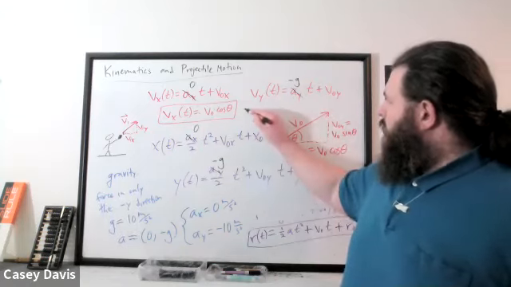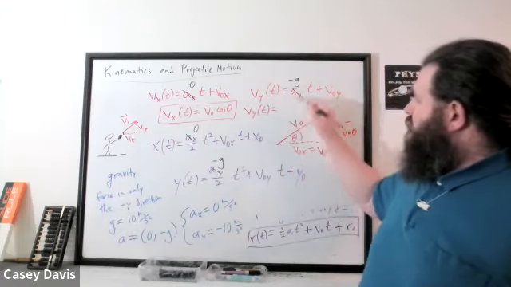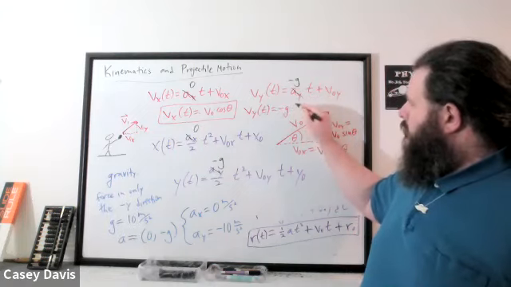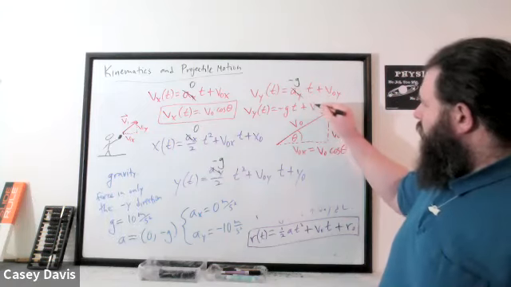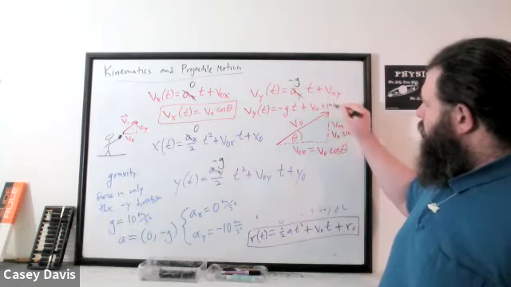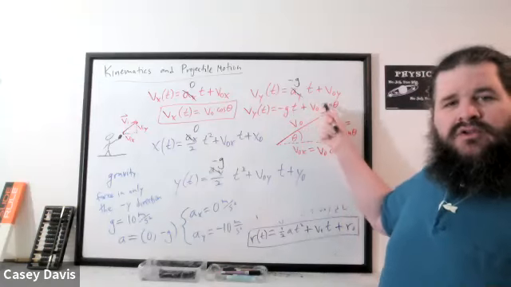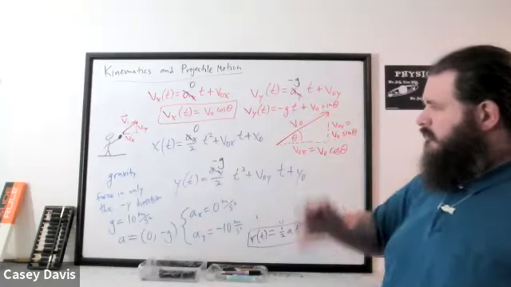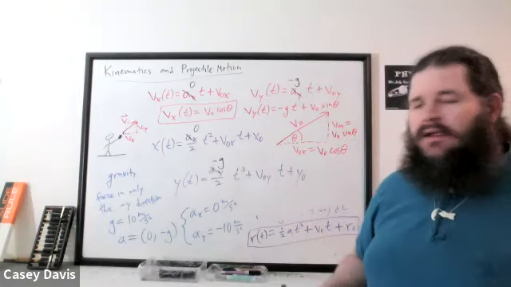For the y component, we've got negative gt plus v0y, which was v0 sine theta. And that does change as time passes. You start with some y velocity, some speed in the y direction, presumably upwards, but you could throw it downwards instead.